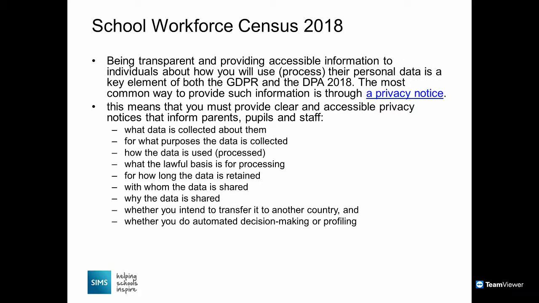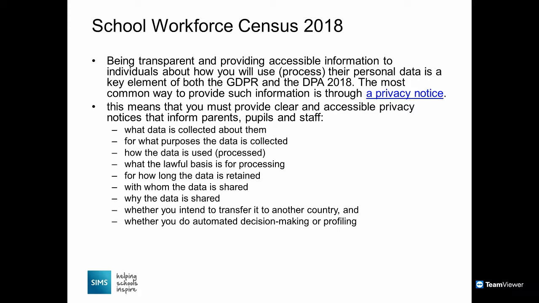Being transparent, providing accessible information to individuals about how you use their information is a key element of GDPR legislation. The most common way to provide the information you need to provide to the data subjects is a privacy notice. We've got a link there to the DfE guidance on that. But basically what you've got to do is provide the subject of the data with information about what data is going to be collected and what it's going to be used for.